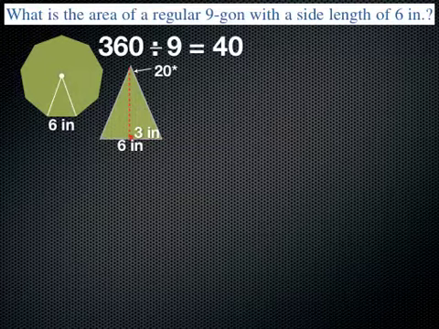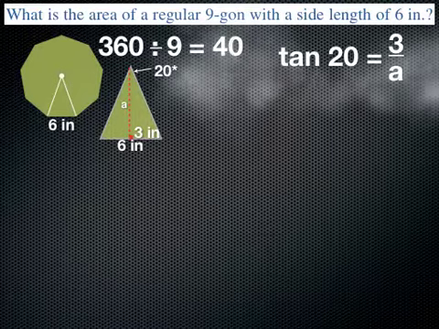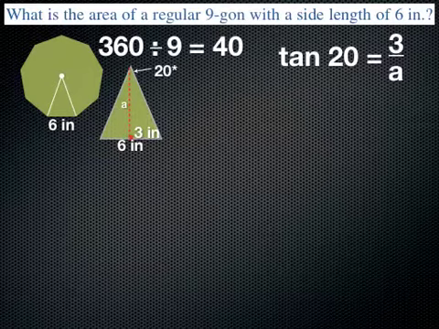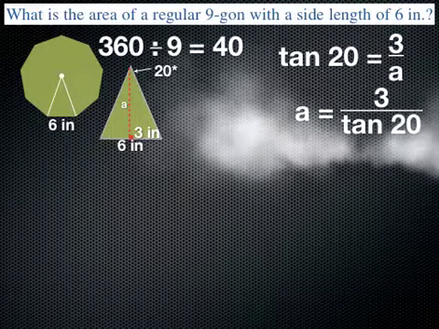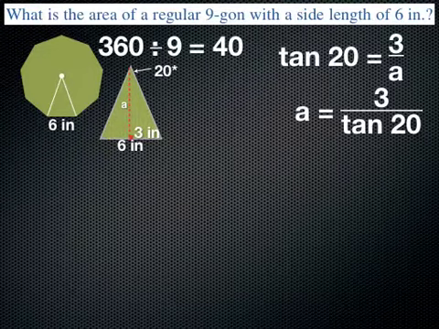Remember that the apothem also bisects your side, so this part of the side would be 3, and I want to find A. Looking at the 20-degree angle, I know that the opposite side is 3, and I want to find the apothem, or the adjacent side. So in this case, I need to use the tangent of 20 equals 3, opposite, over A, adjacent. When you solve for A, you get 3 divided by tangent 20. So there is my apothem.